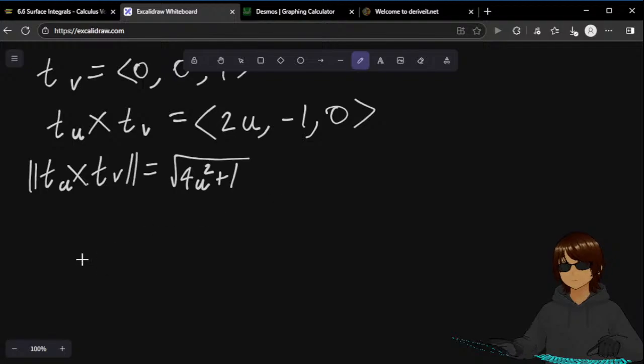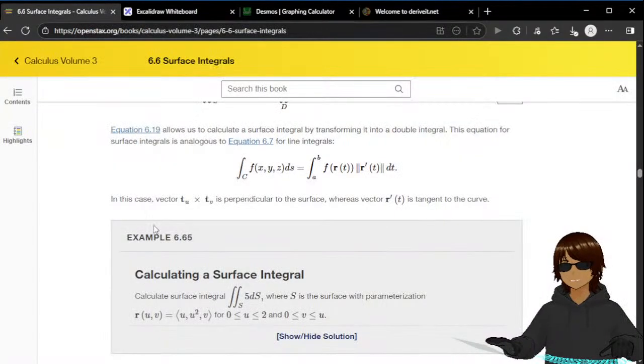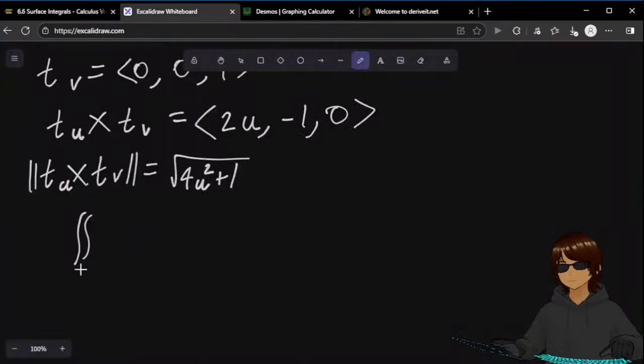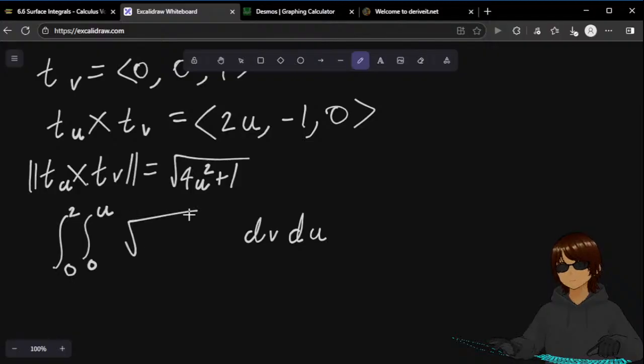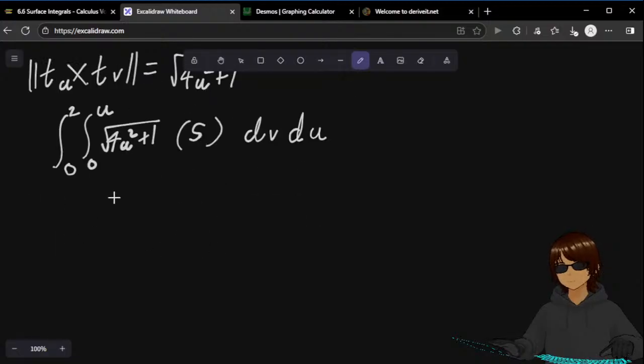And you want the integral from 0 to 2. We need to find the derivative of this, right?